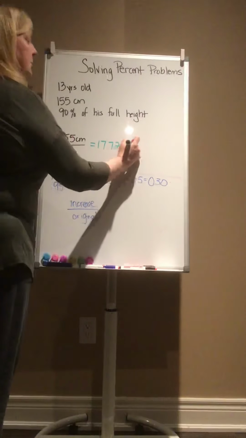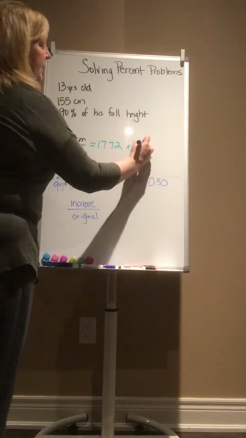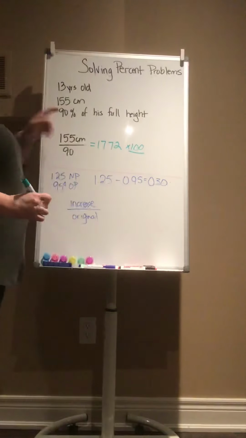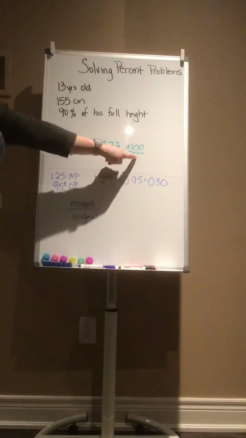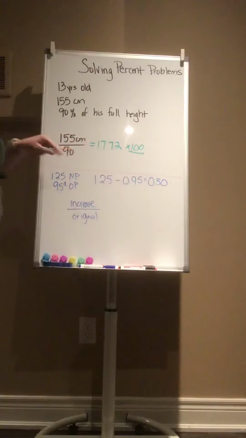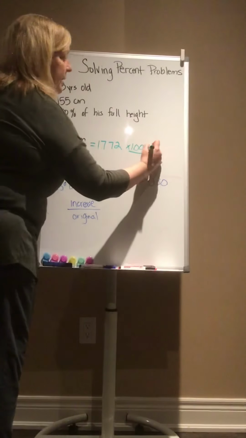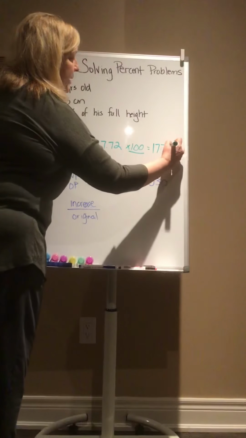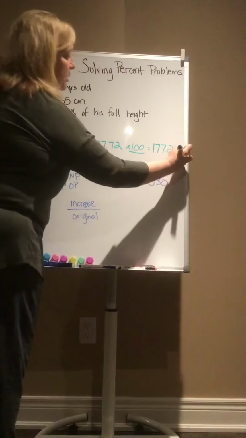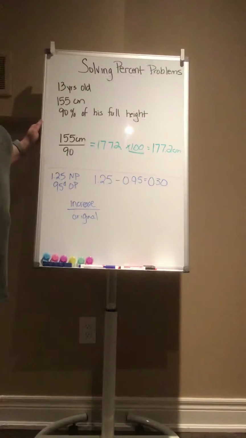And if I want to multiply that by 100, and why that makes sense is 100% is his full height. He's not going to grow any taller, so that is him at 100% of his height. So I multiply that by 100, and I get 177.2 centimeters.